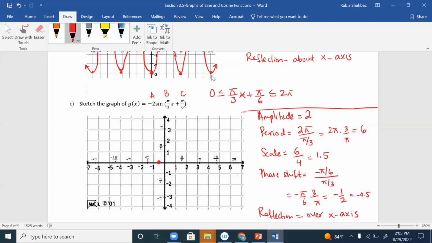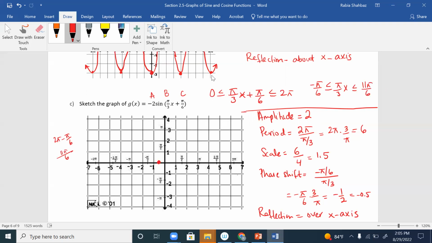So first, just like you solve any other inequality, I'm isolating x in the middle. I will first get rid of the constant term, so I will subtract pi over 6 from all three sides. 2 pi minus pi over 6 is 11 pi over 6.